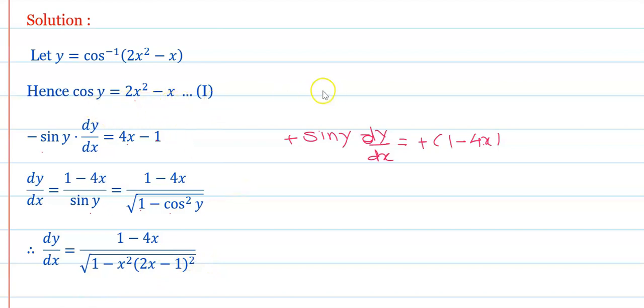If you take x as common, then you will get x² into (2x minus 1) whole square. Therefore, dy by dx is (1 minus 4x) upon under root of 1 minus x² into (2x minus 1) whole square, in this way.